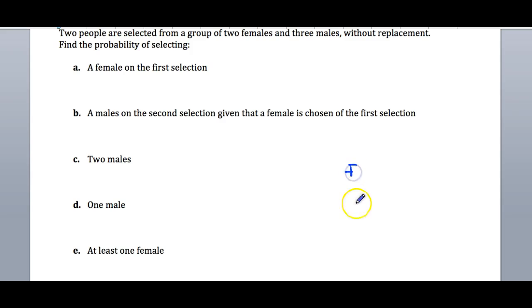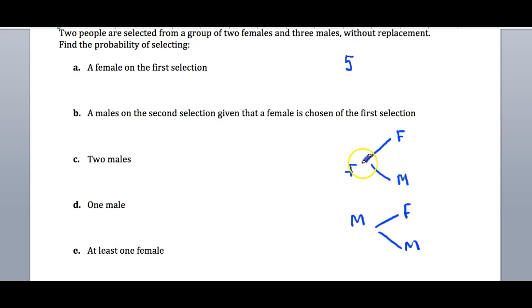Okay, so female, male, and then we can have either female or a male, female or a male. So the probability of, if we already had a female, so we have, let me just check, 2 females, so we've got 5 people.